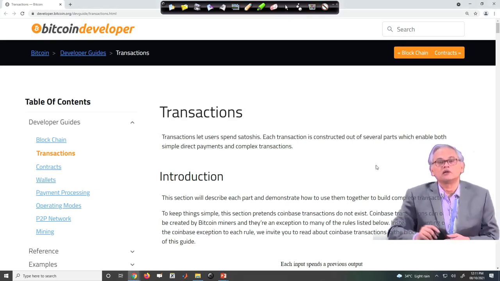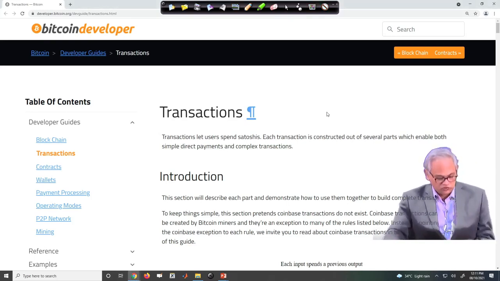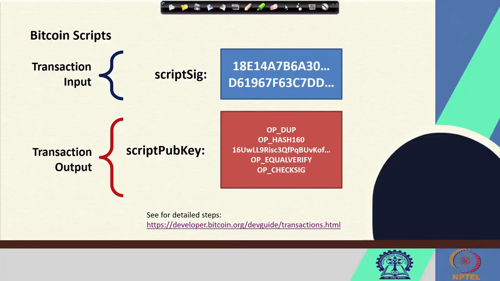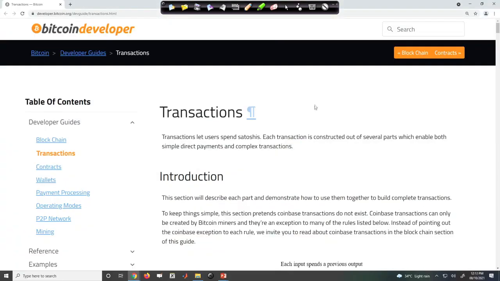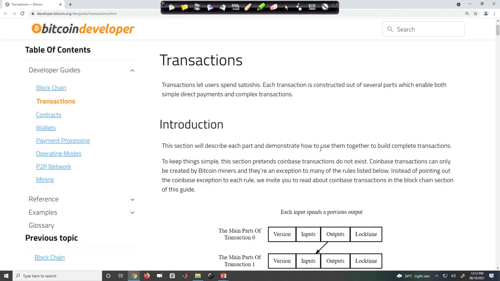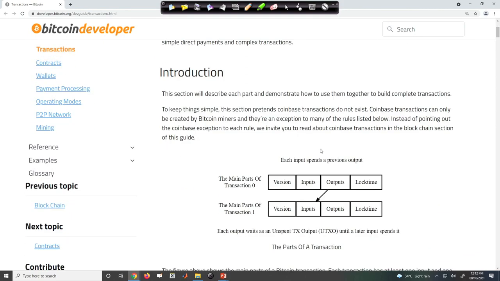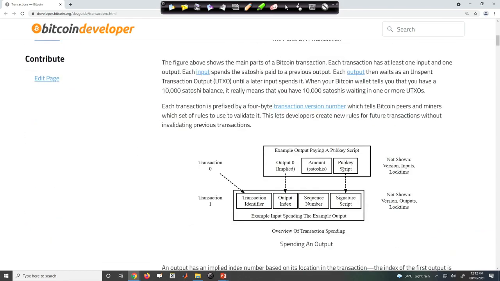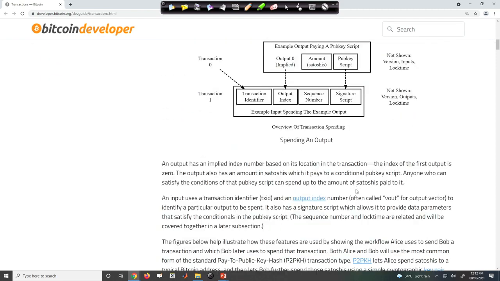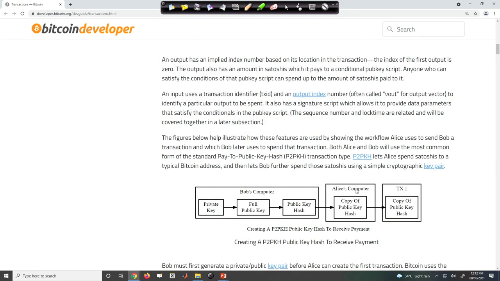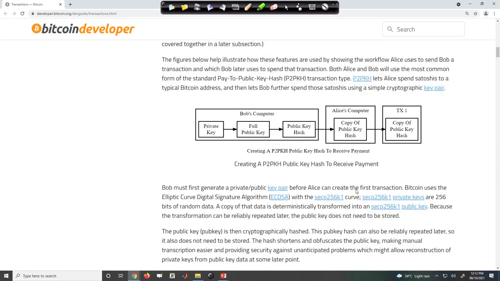In this particular site, which was linked from our lecture, you will get more details about what transactions mean, and then how the actual encryption is done. As we said, script pub key is used. What is used for generating that script pub key, all these details you can get from this particular site, and of course, there are other materials, but this is the one which explains these concepts in very simple terms, and you can very easily follow and get to more details.